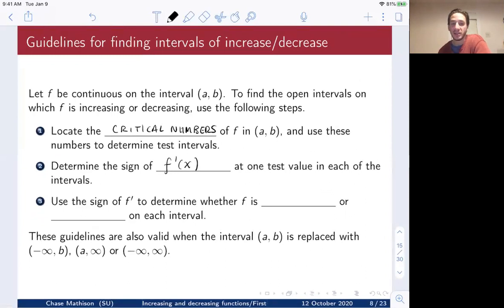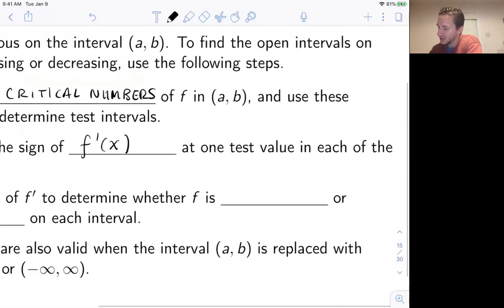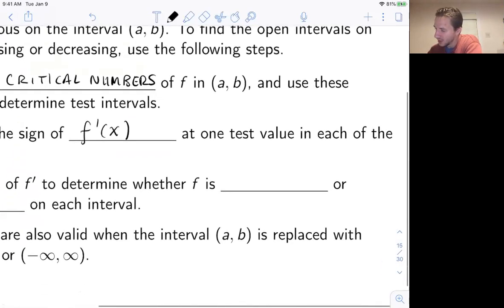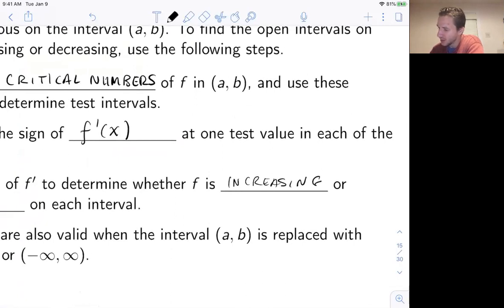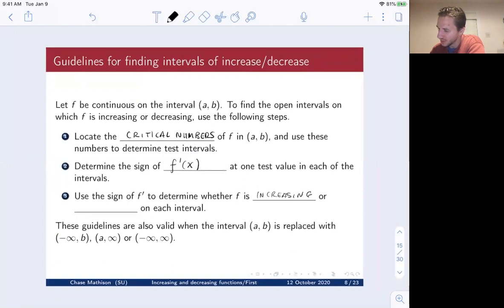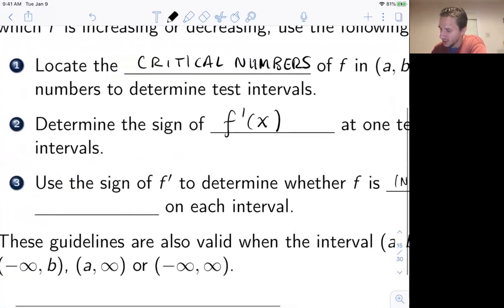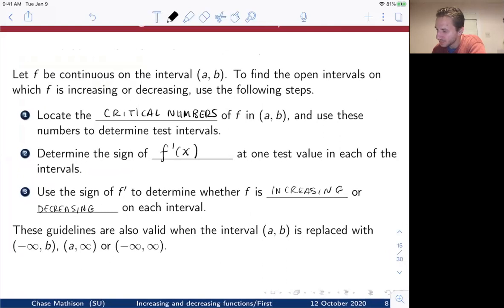Step 3, we're going to use the sign of f prime to determine whether f is increasing or decreasing on each interval.